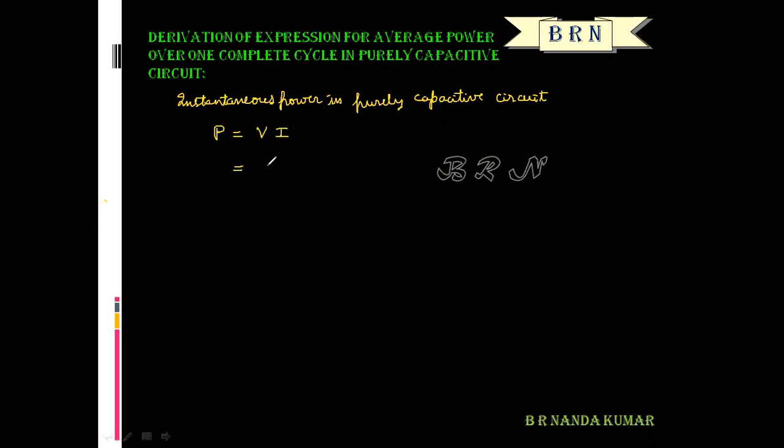So what is the value of V? V is V naught sine omega t, and I is I naught sine of (omega t plus π/2). Right? So V naught sine omega t times I naught sine of (omega t plus π/2). What is that? Cos omega t.